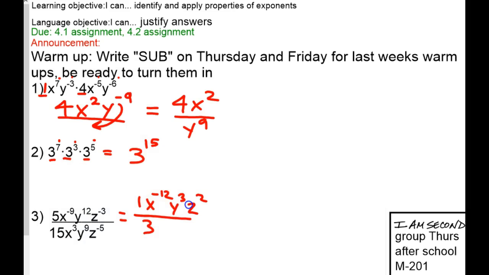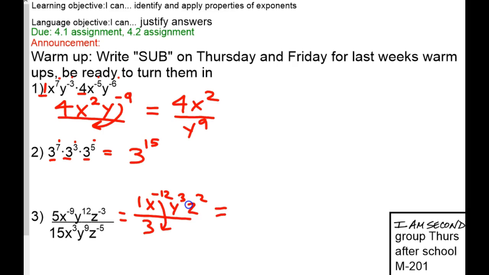What do I need to do with this? Put what to the bottom? Right, the one with the negative power, right? So the x to the negative 12 is going to go down to the bottom and become a positive 12, right? Everyone with me? Phone people? So, now, do you have to write that 1 out front?